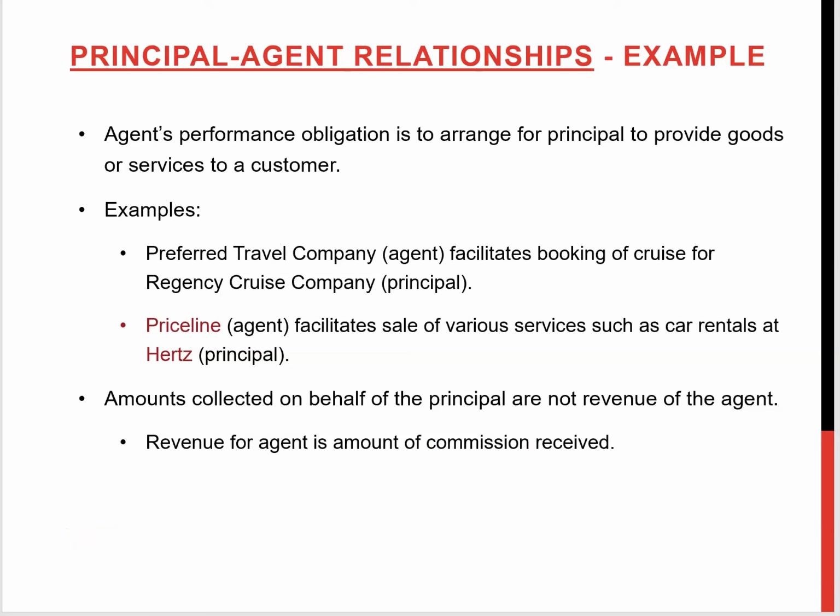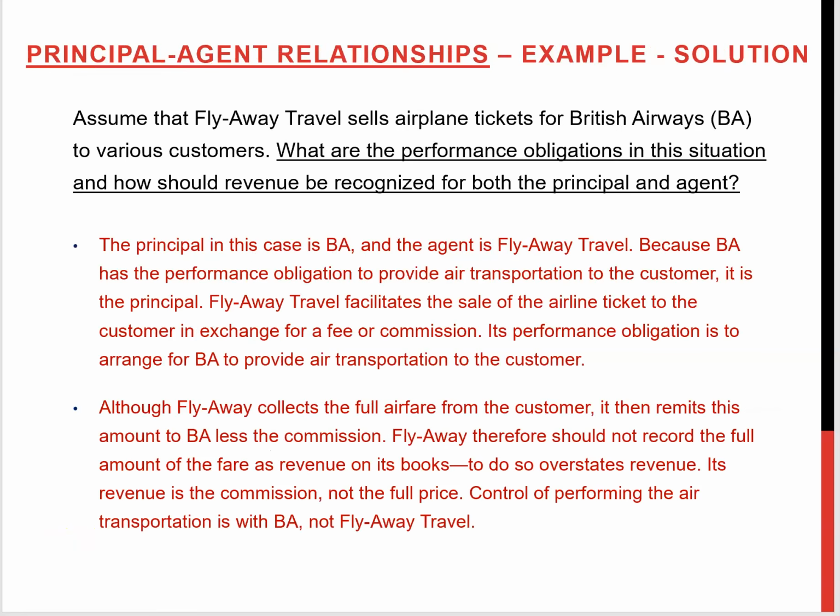Now let's see one example here. Flyaway is a travel agent, and they sell tickets for British Airways, right? And now the question is, who is doing the performance obligations and how should the revenue be recorded by both the principal and the agent? We just discussed it, right? So here, British Airways is the principal, because the ultimate transportation service will be provided by British Airways to the customer.